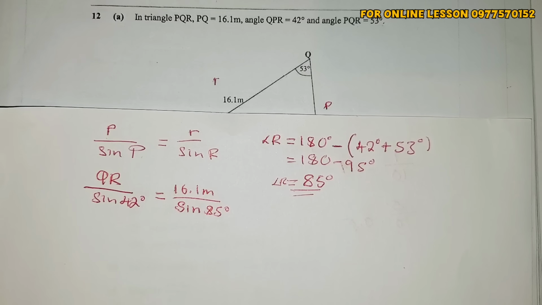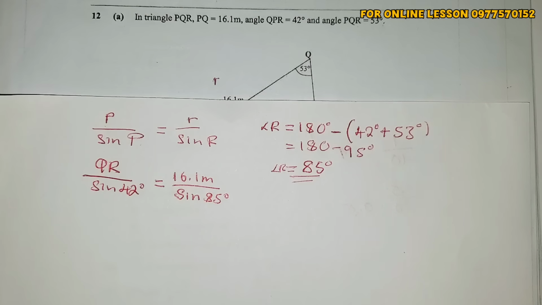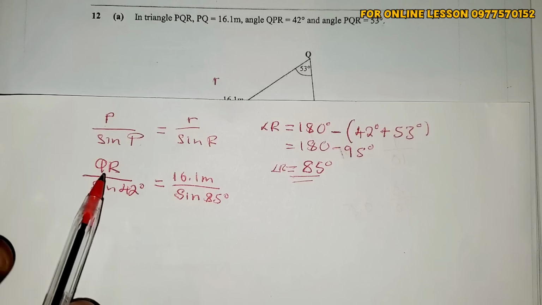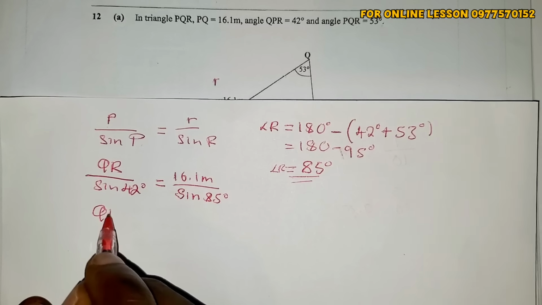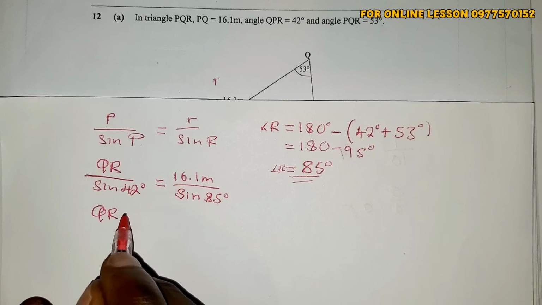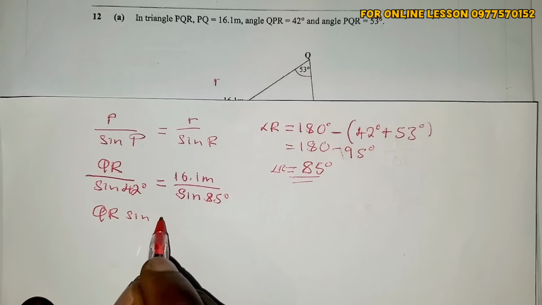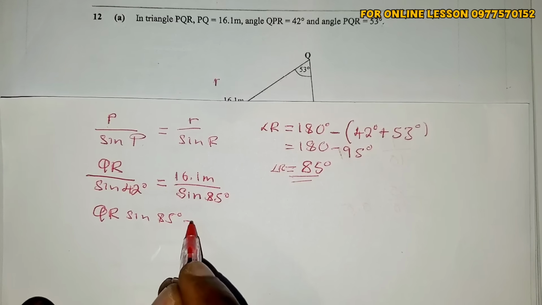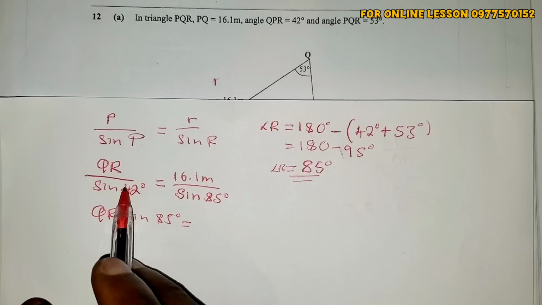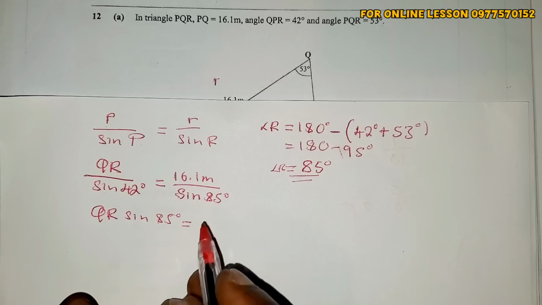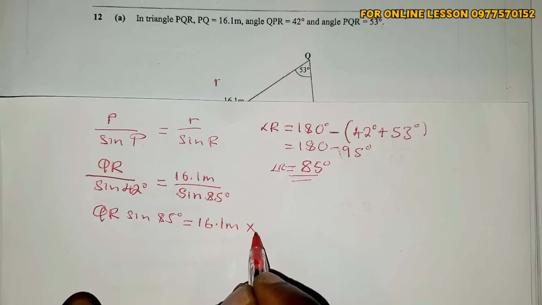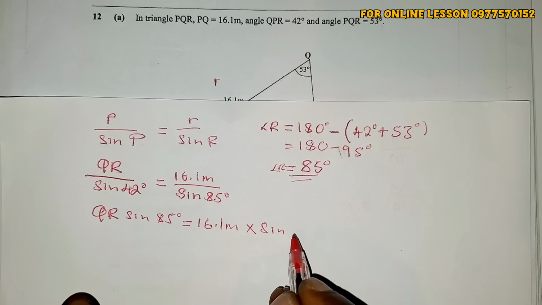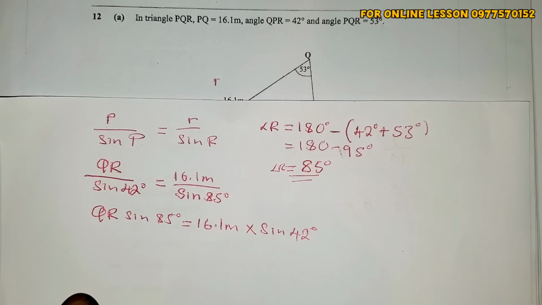Now we can calculate. So here you cross multiply. When you cross multiply, QR times sine 85 degrees is equal to 16.1 meters times sine 42 degrees.